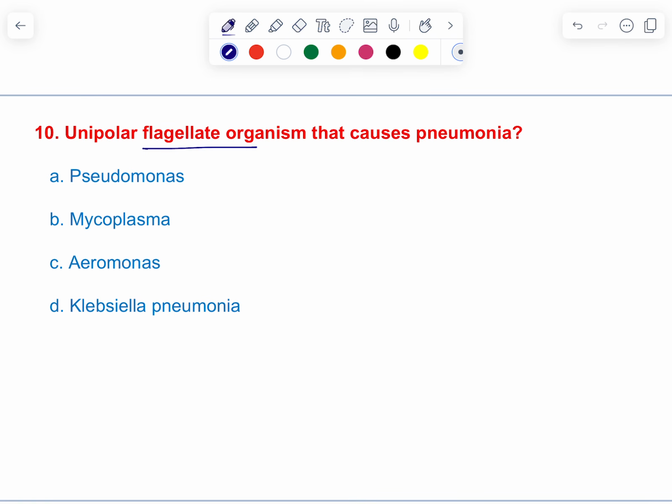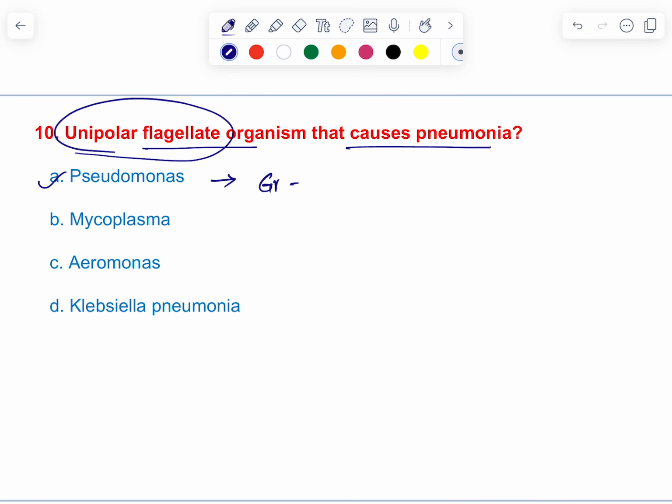Unipolar flagellate organism that causes pneumonia: Pseudomonas, Mycoplasma, Aeromonas, or Klebsiella pneumoniae. The unipolar flagellate organism causing pneumonia is Pseudomonas aeruginosa.